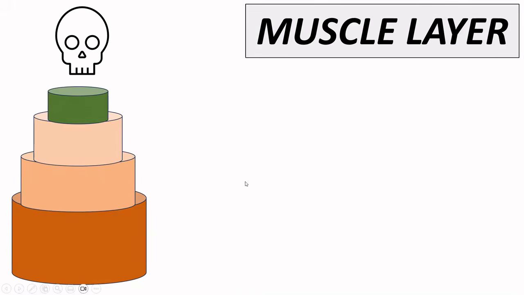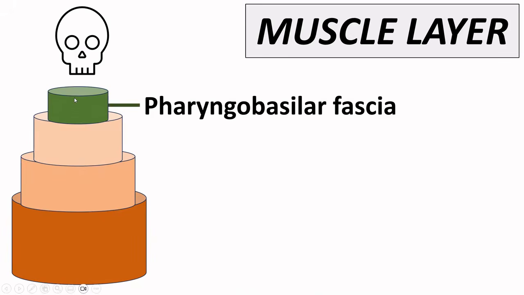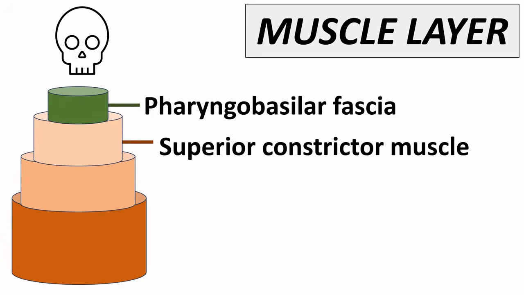When it comes to the organization of the muscle layer, we can visualize it as a set of open cardboard boxes that are stacked inside one another, with the uppermost box being the Pharyngobasilar fascia, the very dense connective tissue sheet located between mucosa, submucosa, and the muscular layer, which is basically some kind of inner skeleton for the entire pharynx, around which the constrictor muscles are draped.